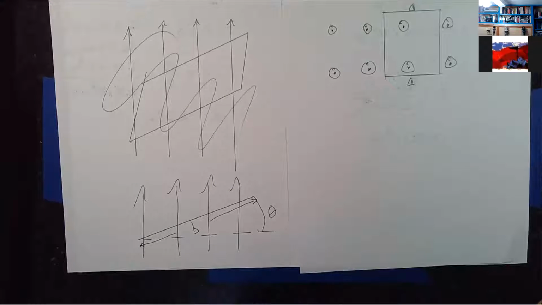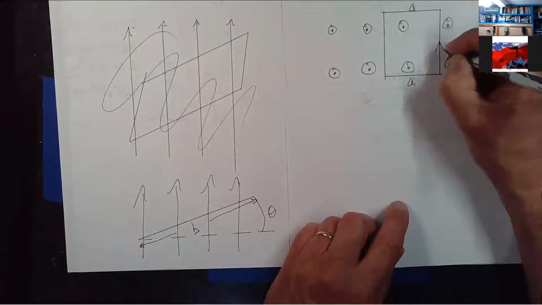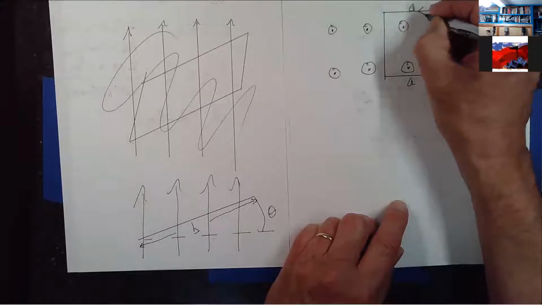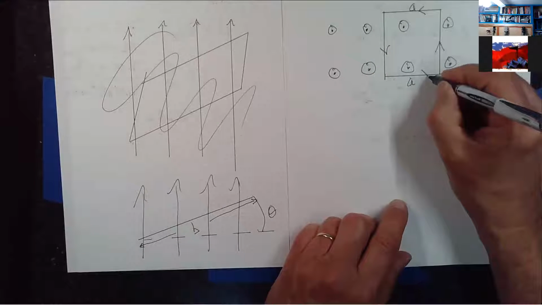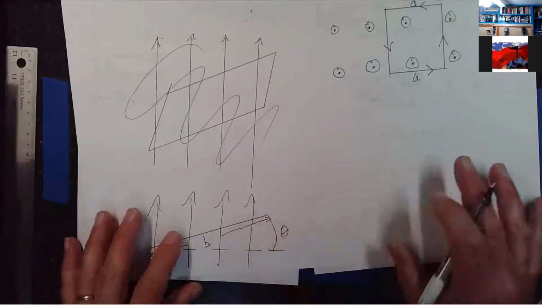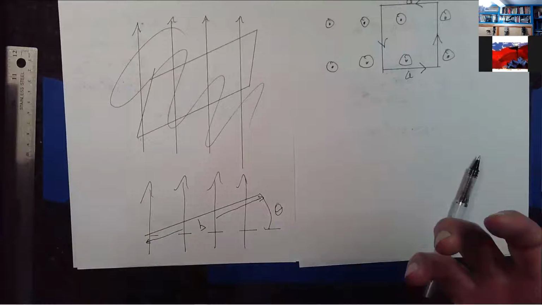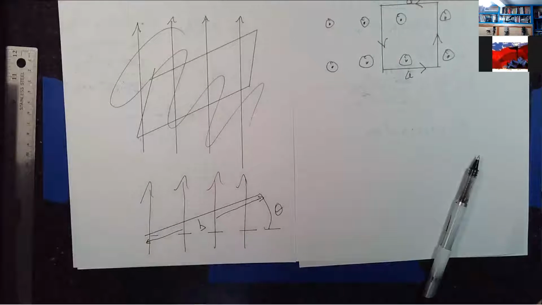And the loop is actually made out of wire, some conductor, and we can imagine that it has just a single turn. Turns out the effect we get if you have n turns of wire in the loop will just be multiplied by n.